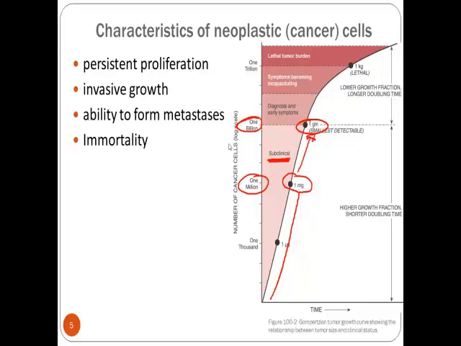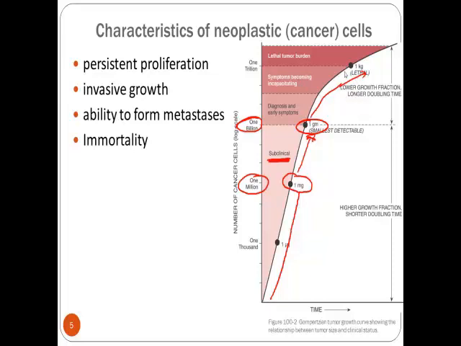Anything upwards of 1 gram may lead to some alterations in normal function. So you have some early symptoms, and that's when diagnosis of the cancer can be made. Then at about this point, the growth rate slows down. You can see here that the slope of the curve decreases.